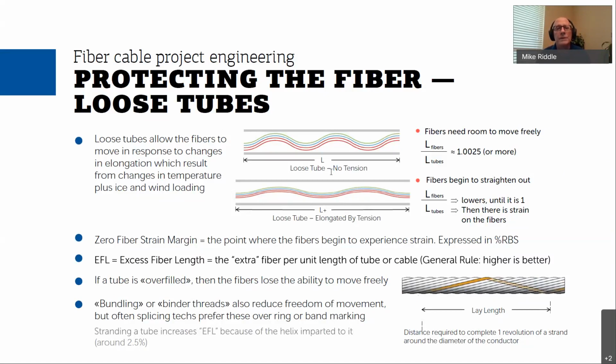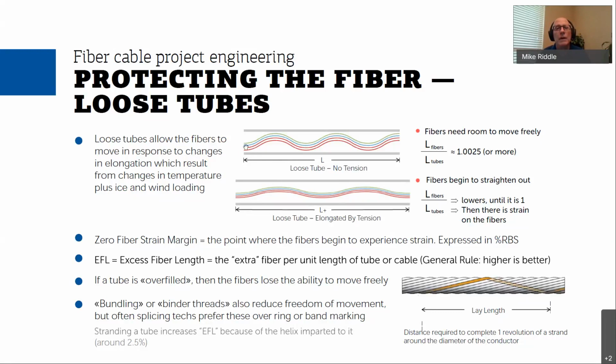What that does is when the tube elongates, which it can do from either changes in temperature or changes in wind and ice loading, the tube will elongate and initially the fibers will just start to flatten out. So they don't experience any of the force that's on the tube until they get perfectly straight. That's what you see in the math over here.